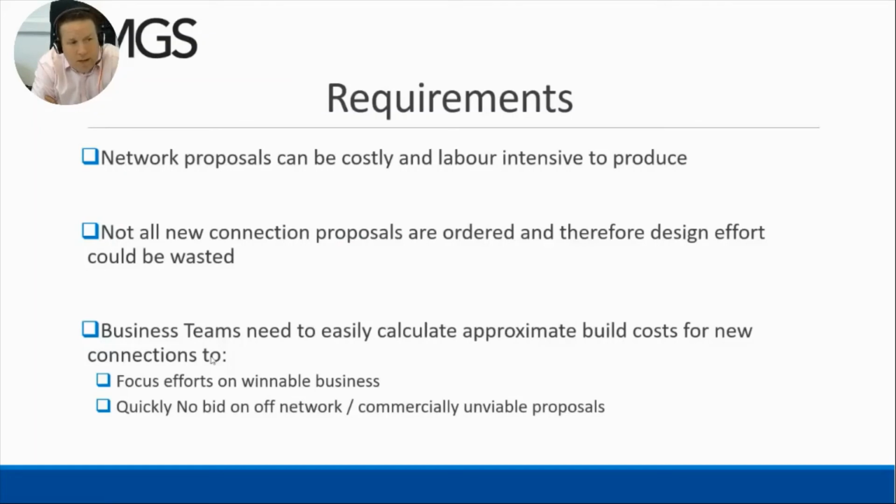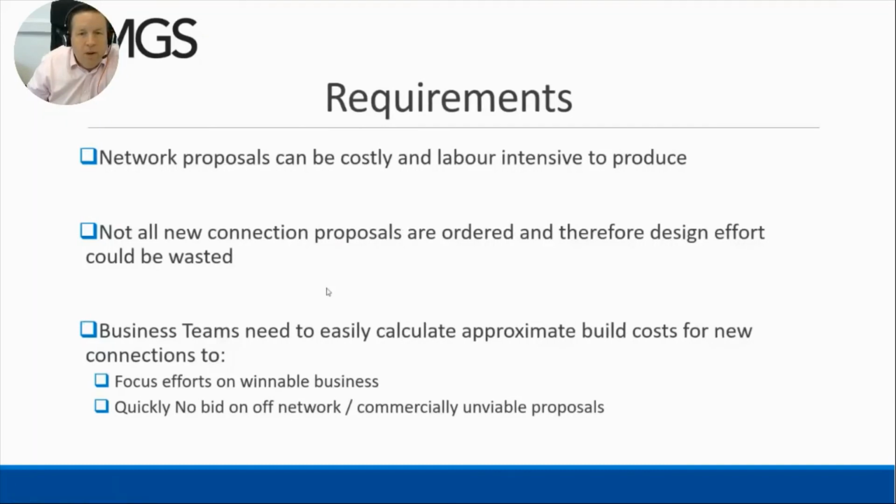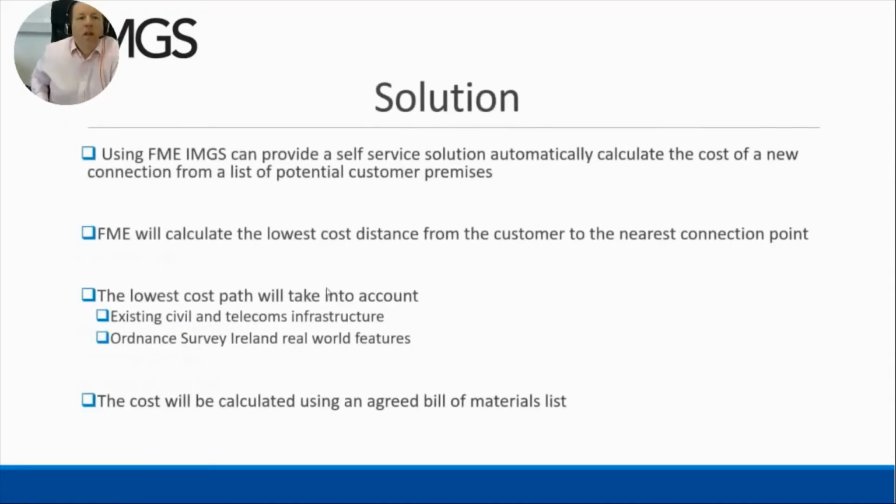So somebody might look for a new gas pipe or water pipe or telecom, and then get a proposal, put effort into it, and then decide not to go with the company or not to actually build a house or whatever it was. And also business teams need to be able to easily calculate approximate build costs for new connections, to focus efforts on winnable business, and to quickly no bid on off-network or commercially unviable proposals. So to make sure that they have the right price for the right quote.